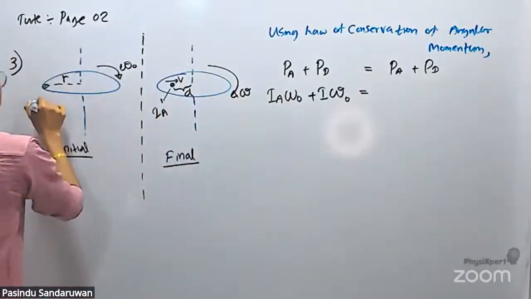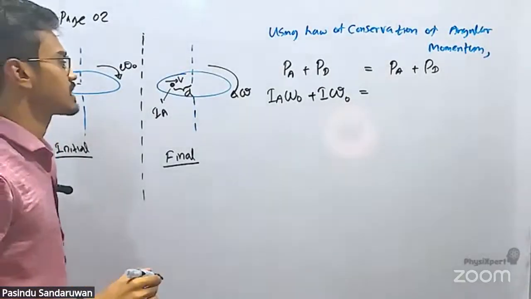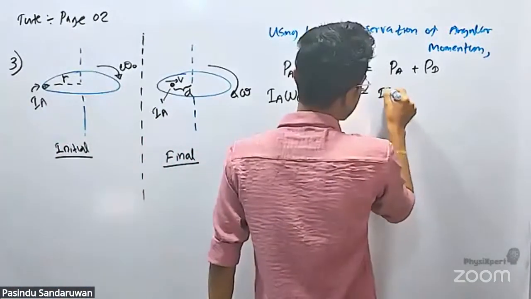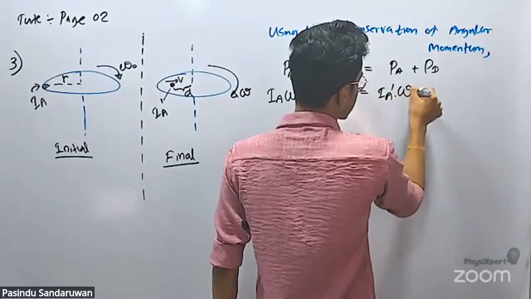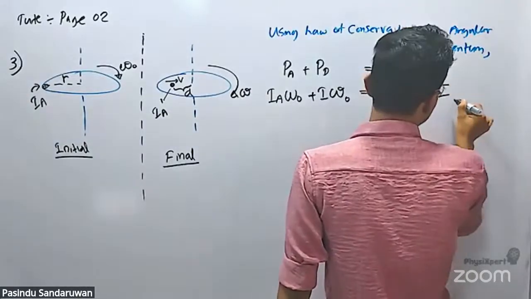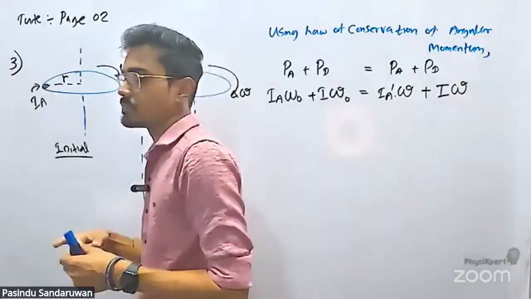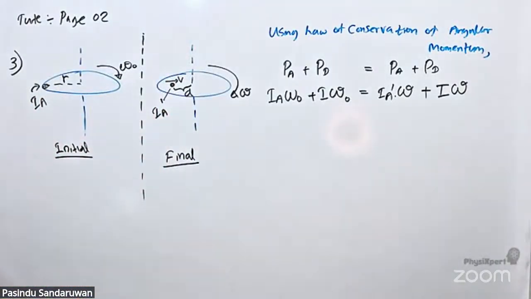So IA dash times this new omega, plus for the disk, same I of the disk into omega. Tell me, this is the important thing here.